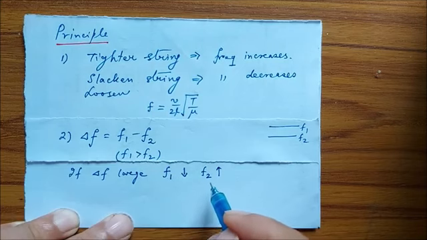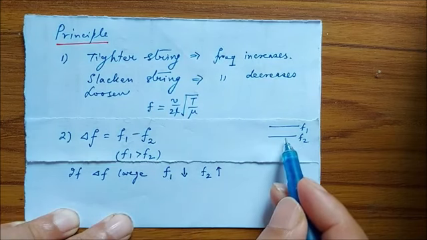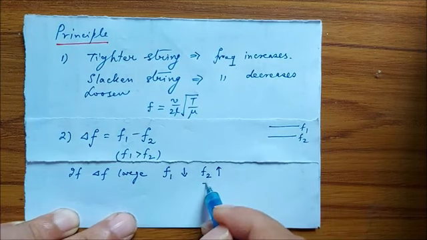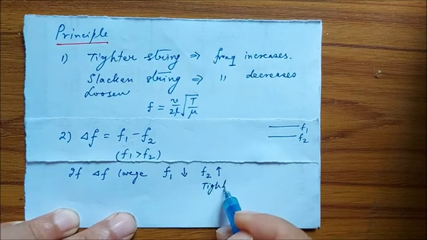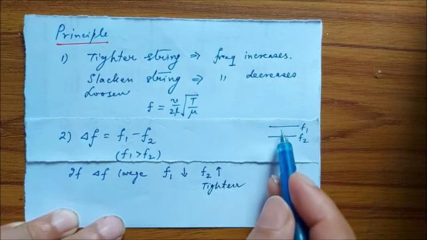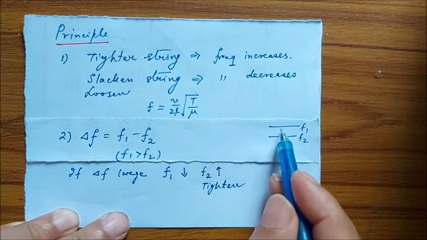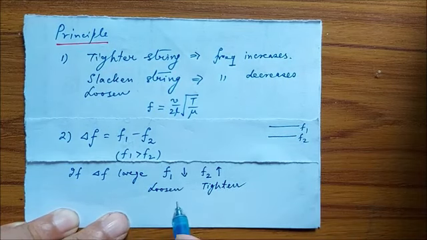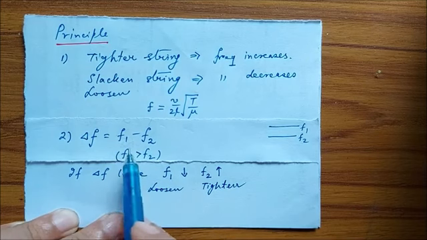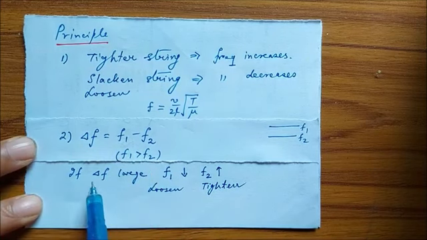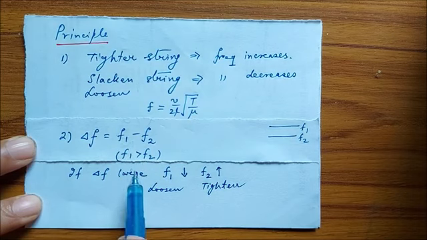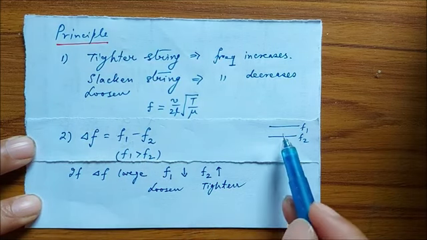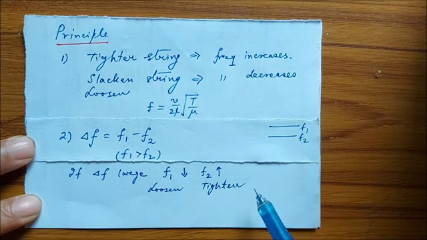And this is done by tightening the string so that F2 goes up, and slackening or loosening a bit this string so that now the difference reduces, and so the number of beats will now come down. Things will be clearer when we take example of two guitar strings, which we do now.